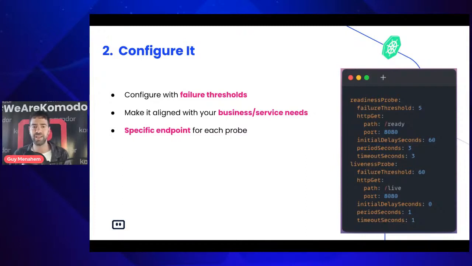And the last thing is that we want to add a specific endpoint for each probe. Someone asked about that, and distinguishing between the states is very, very important. Why? Because if you mix two states, it means you're missing something about the configuration and the life cycle of Kubernetes and your pod.